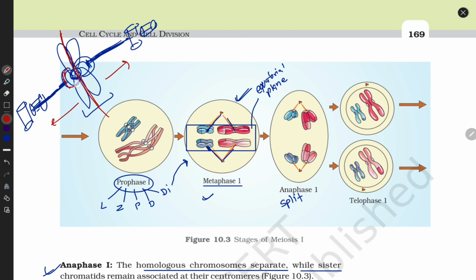They still attach with spindle fibers and move towards different poles. They split. Now this structure is formed. Look here, guys, they split in this manner.